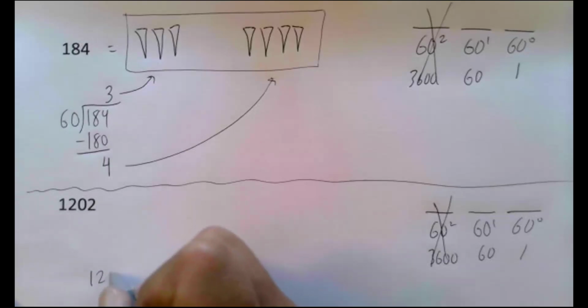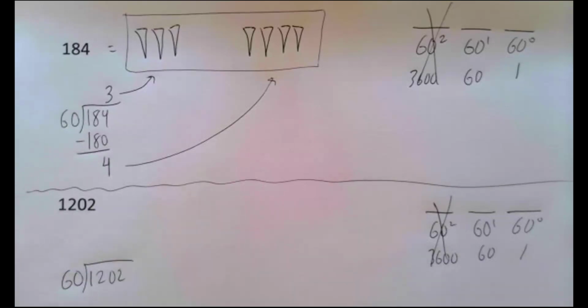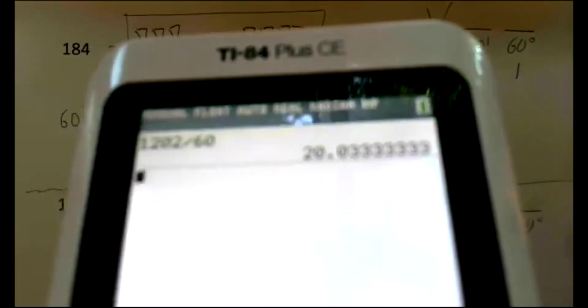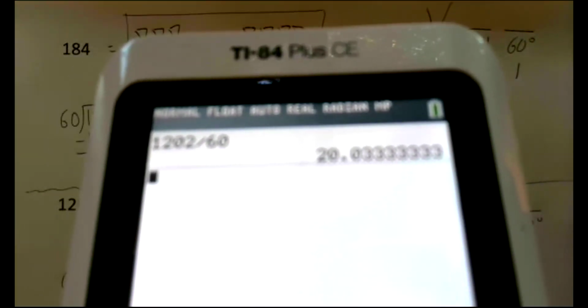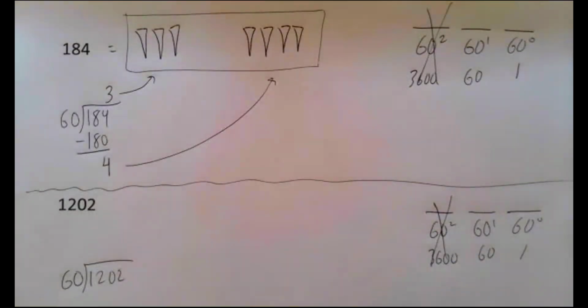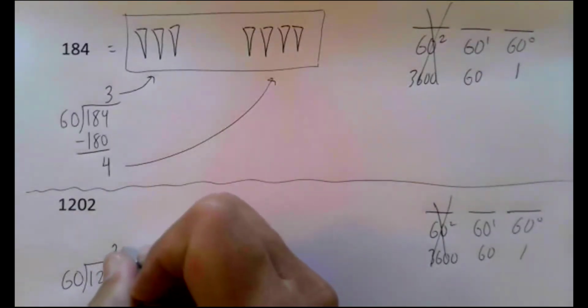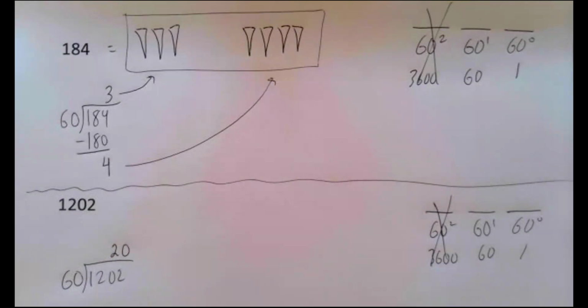So I should actually take the 1202 and divide by 60. Get on your calculator. 1202 divided by 60. What do you get? You should get 20 point something. Just take the 20, ignore the decimal part, but write down the 20 right there.